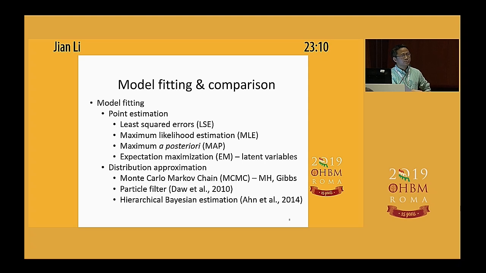One is called point estimation. In the linear regression field, we already know least squares, and it can also be used in more complicated model fitting. But the most commonly used method in point estimation is probably maximum likelihood estimation. The drawback of maximum likelihood estimation is that individual behavior often has a lot of variance, and maximum likelihood estimation tends to give pretty absurd parameters.